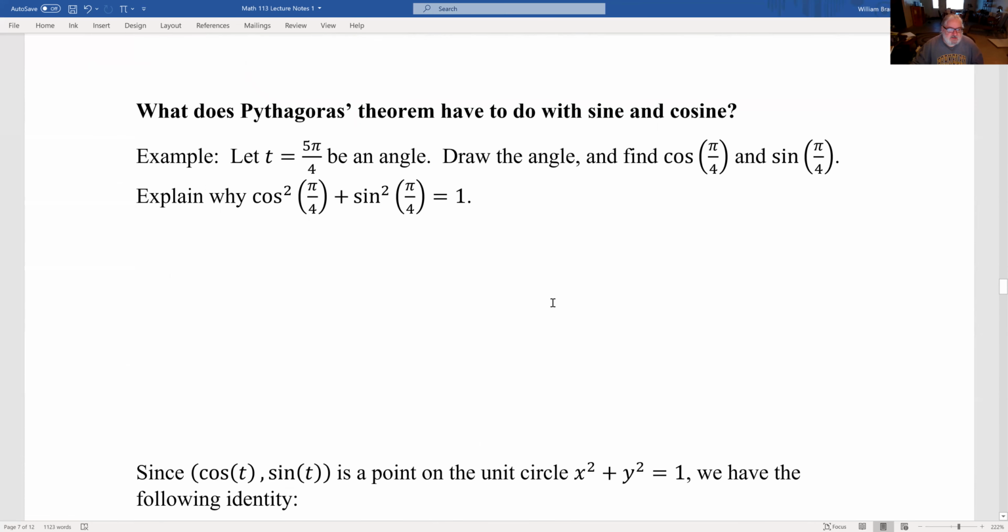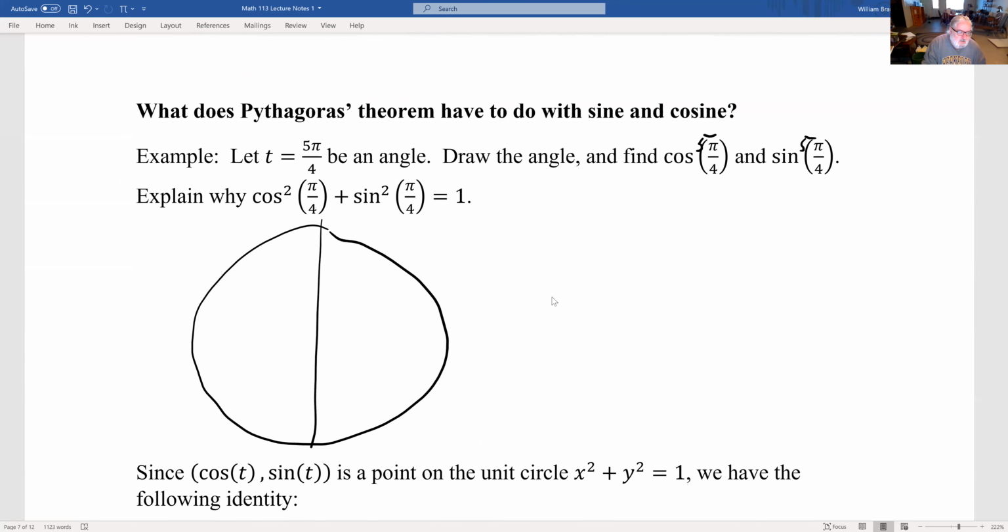So what does Pythagoras' theorem have to do with sine and cosine? 5π/4, we had cut and paste errors. We did this above. 5π/4 is down here. Right? 5π/4. We have a nice 45, 45, 90 triangle.